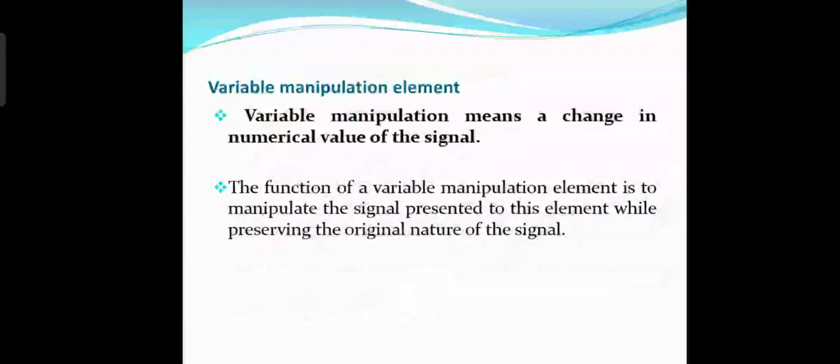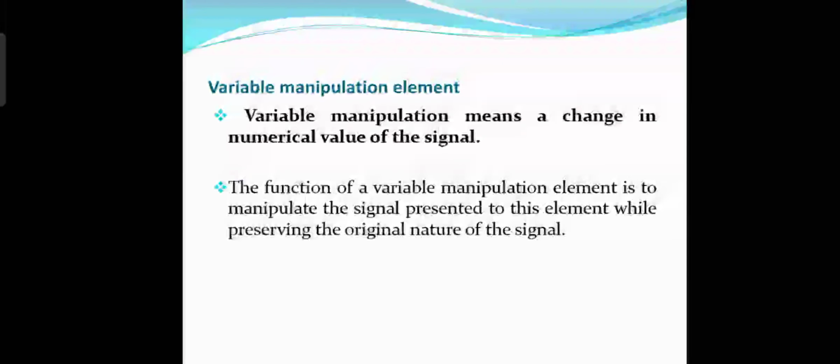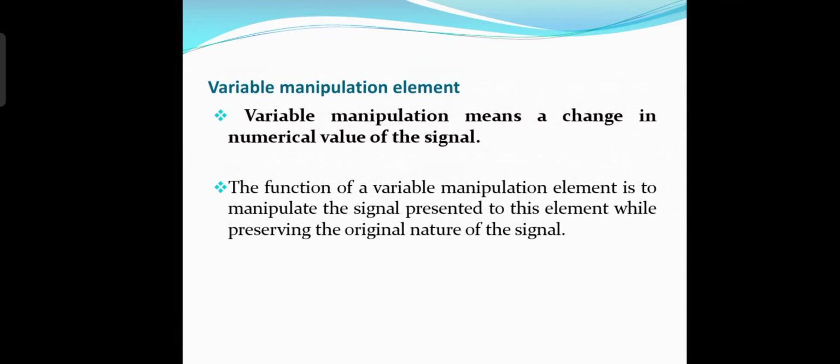The next block is the variable manipulation element. It means there is a change in the numerical value of the signal. It manipulates the signal presented to it, ensuring that the original nature of the signal is preserved. The manipulations can be linear or non-linear.